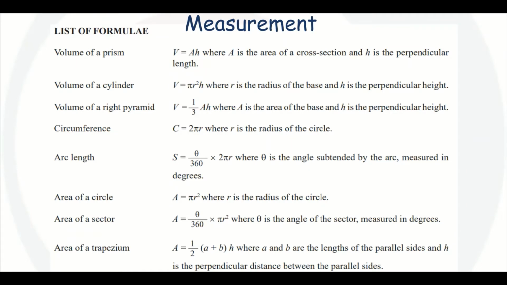Now the formula sheet can be divided into 3 main sections: measurement formulas, quadratic formulas, and trig formulas. In our measurement formulas, we have the volume of a prism, the volume of a cylinder, the volume of a right pyramid, circumference, arc length, area of a circle, area of a sector, and area of a trapezium.